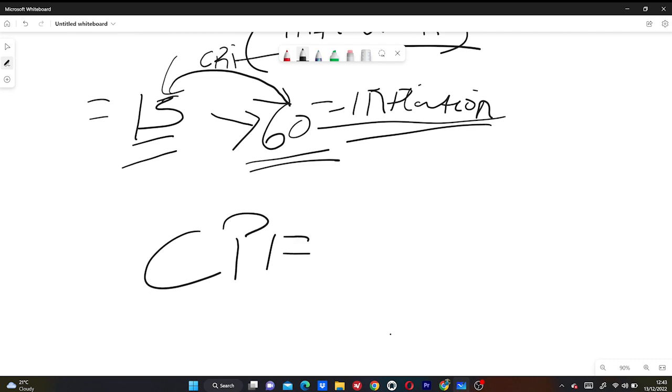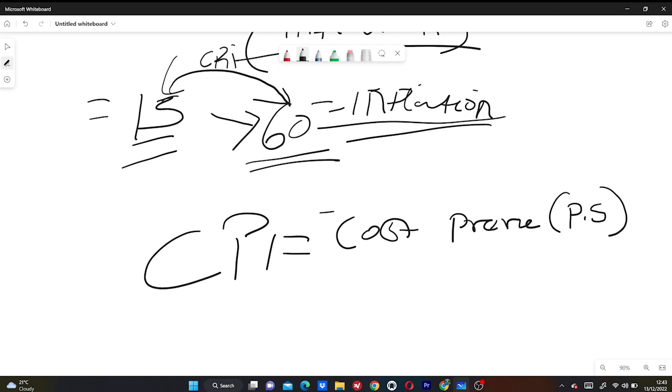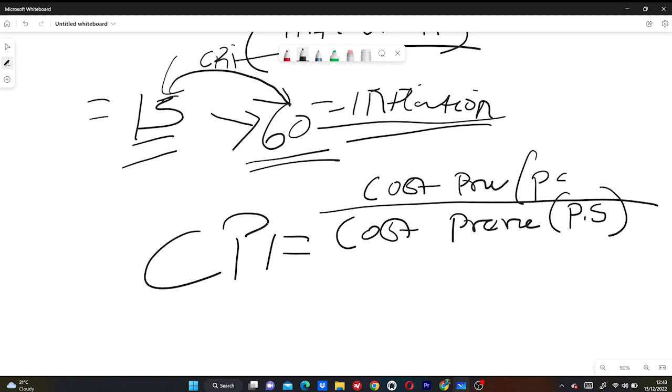You take the cost of products and services now, and divide by the cost of products and services previously.